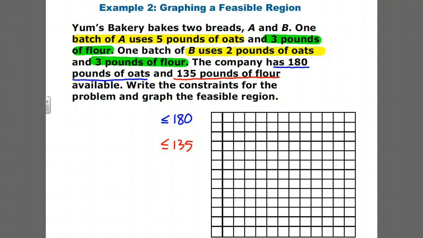We've been using x and y because we're graphing, so let's define our variables. Let x be the number of batch A and y the number of batch B.